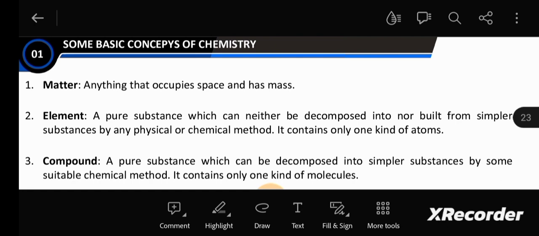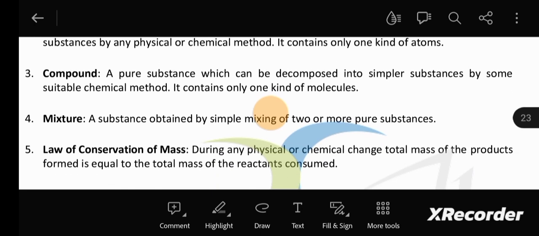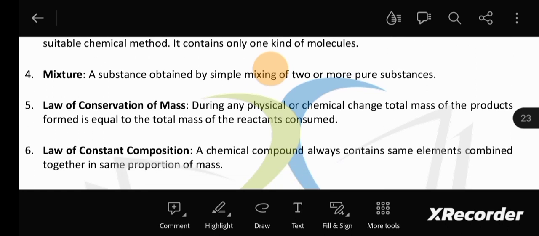Element, pure substance which can neither be decomposed into nor built from simpler substances. It is made of only one kind of atom. Compounds are pure substances formed by the combination of 2 or more elements, but in a fixed ratio by mass. Mixture, a substance that contains simple mixing of 2 or more pure substances, that is a mixture.